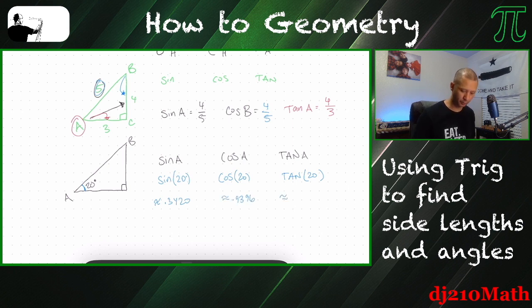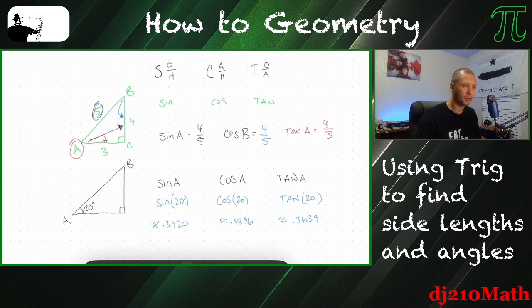And last, tangent of 20 would be 0.3639. All right, so these are the 2 scenarios when you're finding trig ratios. We're going to use this idea to try to solve for side lengths and angles. So let's see some examples.